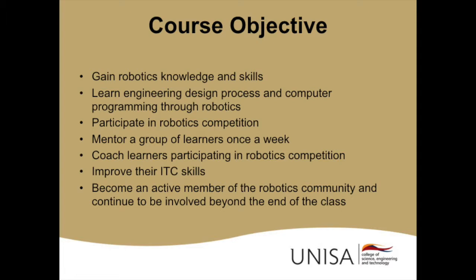You will also learn the engineering design process, which describes how engineers design a product that solves a given task. In our case, that's the robot, building a robot that can complete certain tasks and has certain skills. And you will learn computer programming through robotics because the robot needs to be programmed and there is a software environment that allows you to tell the robot what to do.